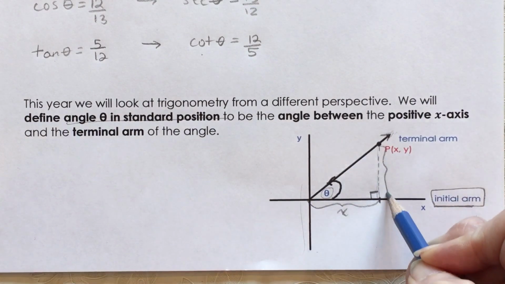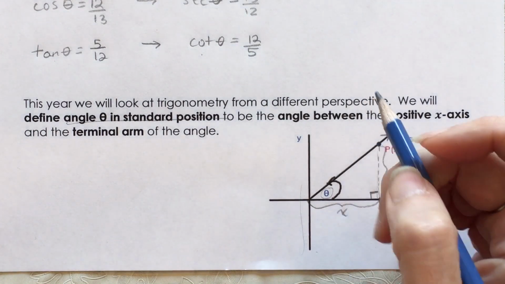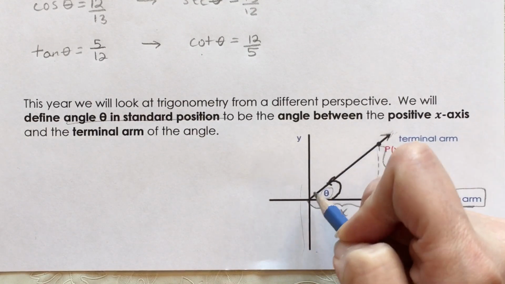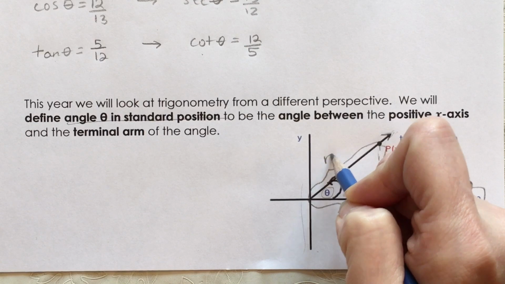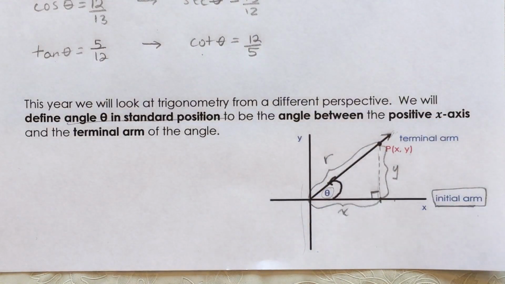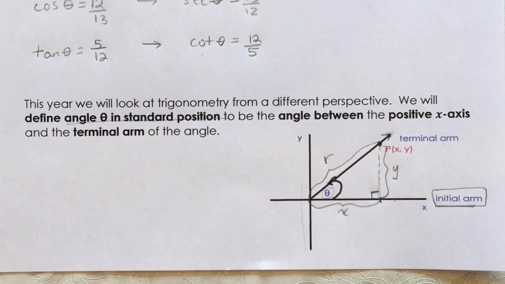And this distance here would be called y. So over x, up y to get to that point. And when we're in grade 11 trig, we call this distance here r. For radius, I guess, kind of, because you can think of this point moving around.